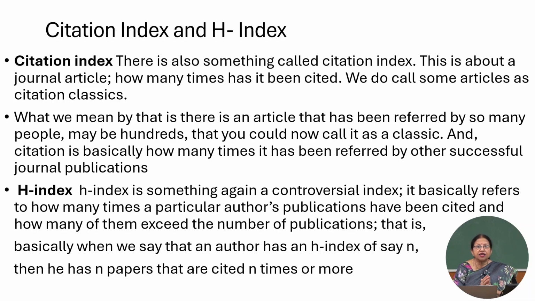So it means how many times one paper has been cited, and how many such papers you have which have been cited several times. All put together, it gives an H index to that author. So the citation index and the H index pertain to the author.